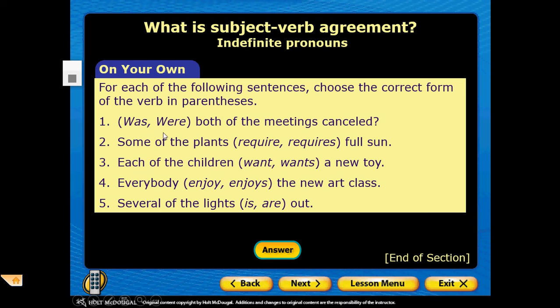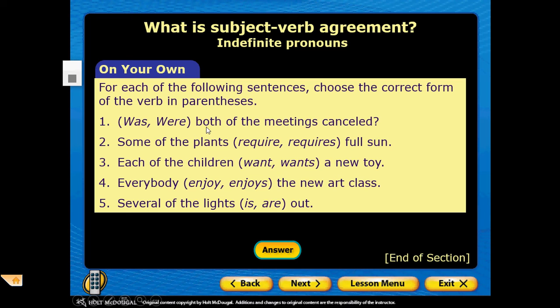If the verb does not have an S, it's plural. Simple. Great. Now I need to decide on the subject, whether it is singular or plural.